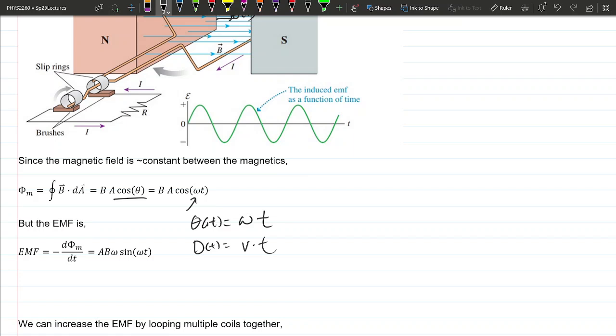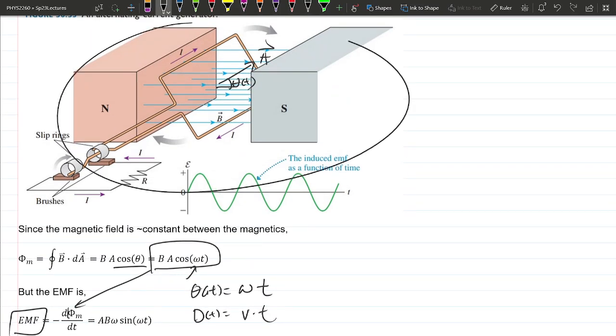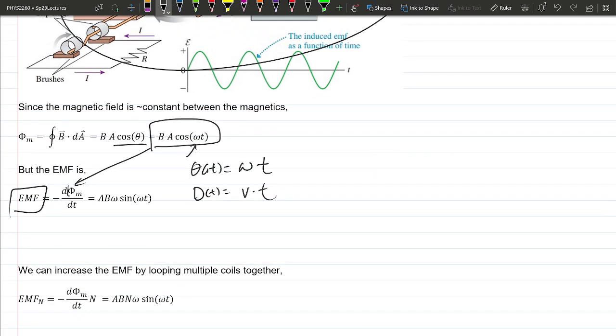Once we have this equation for the magnetic flux, remember, in order to get voltage, we need to take a time derivative. If we take a time derivative of our magnetic flux, the EMF that gets created from this little generator is going to follow whatever the area of that loop is times the magnetic field between the two magnets, times omega, which is how fast it's spinning.